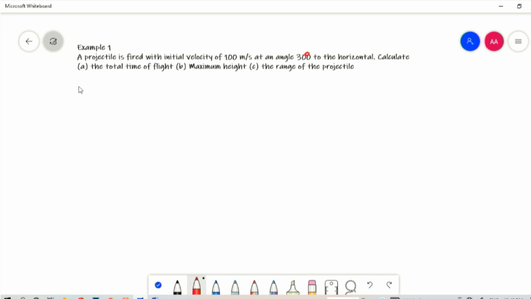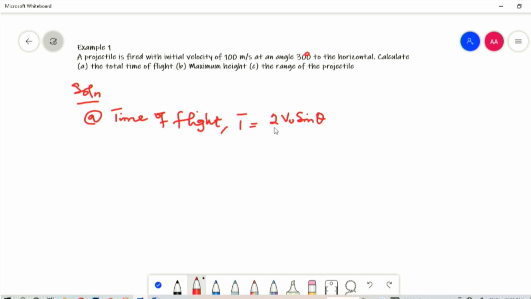Solution: A, the time of flight, t, which is equal to 2 v naught sin theta over g. Of course, our v naught is equal to 100 meters per second.